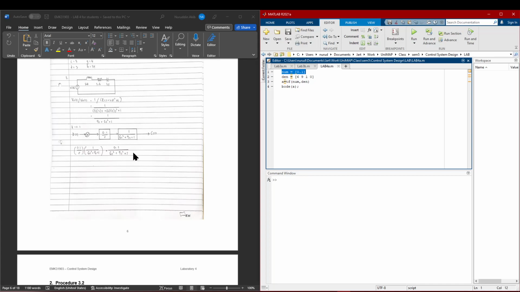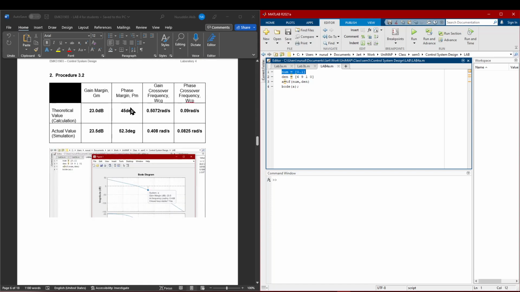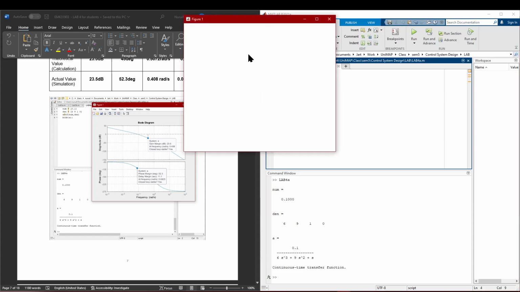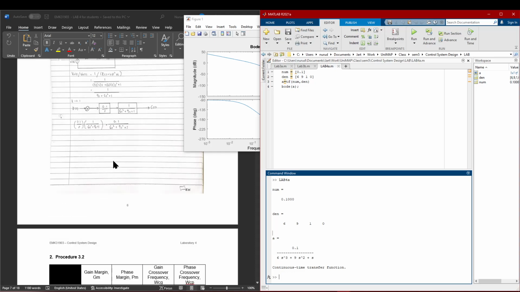So the value 0 here is no power of s, s equal to power 0. So we run this, and make sure the transfer function is the same as the equation we calculated here.